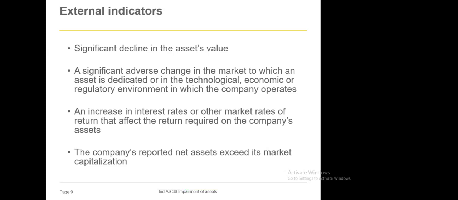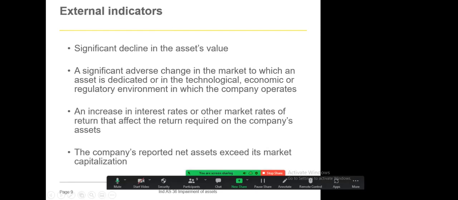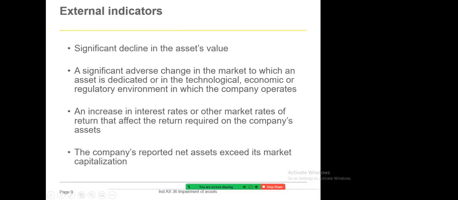So that is what it says, a significant adverse change in the market to which an asset is dedicated, or in the technological, economical, or regulatory environment in which the company operates. What does this mean, regulatory environment in which the company operates? Let's take an example, suppose the company is operating in SEZ zone, and now government has brought some regulations which are specifically applicable for SEZ zone.